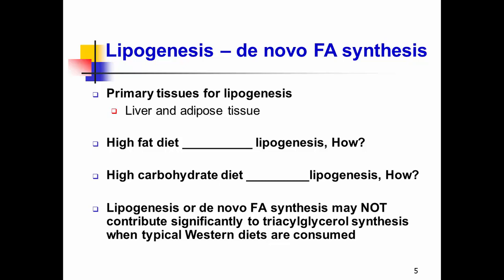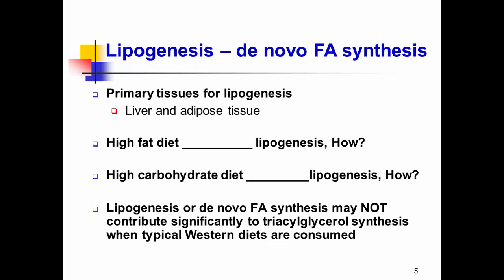So liver is number 1, adipose tissue is number 2, and skeletal muscle is number 3. Of course, some other tissues can also synthesize a little bit of fatty acid, but under normal conditions, these are the most important tissues that synthesize fatty acids.